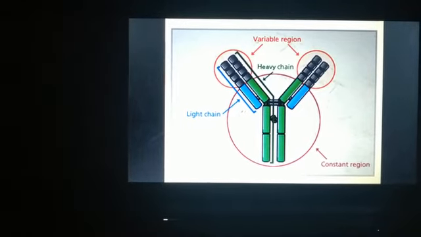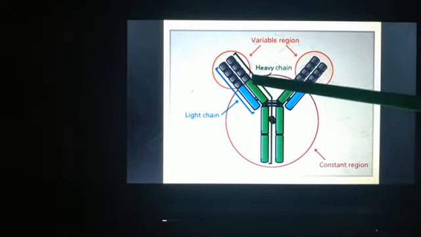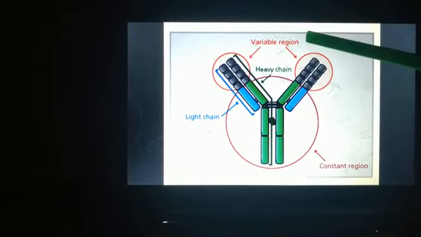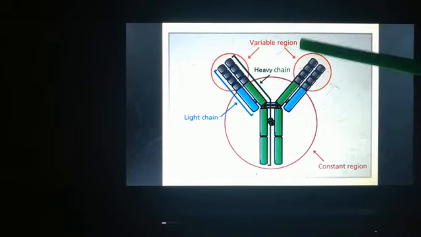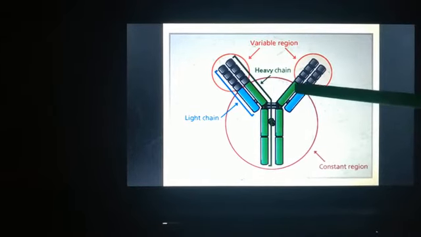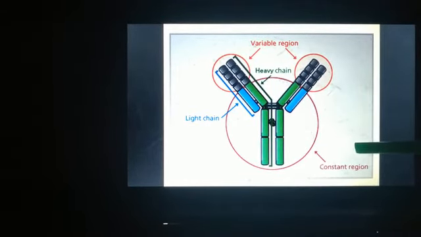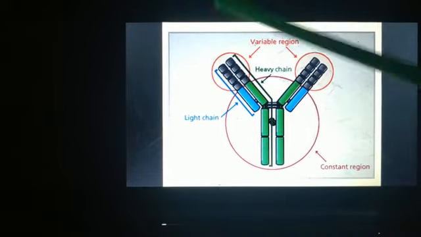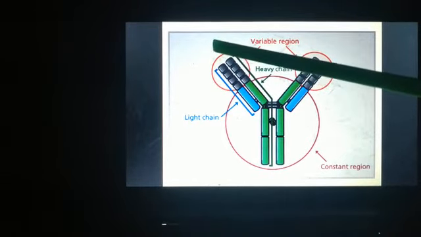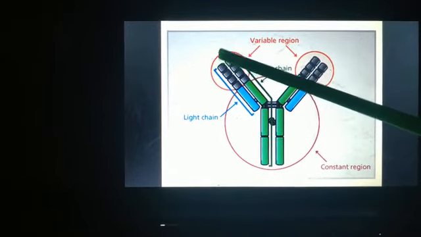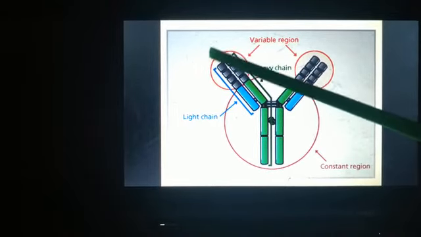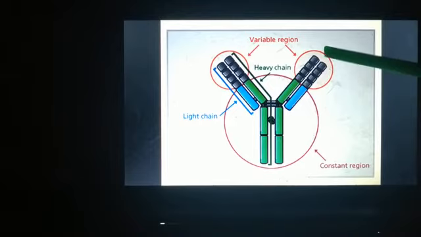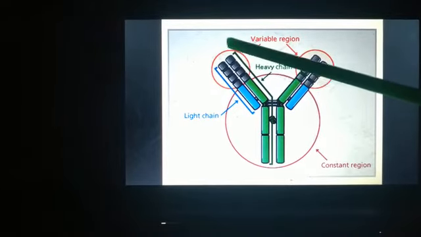See this other diagram. The upper part is called the variable region, and this whole part is the constant region. The antigen will come and bind to this part of the antibody on the top, in the variable region.